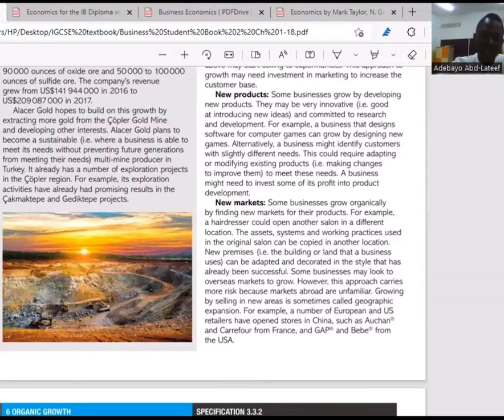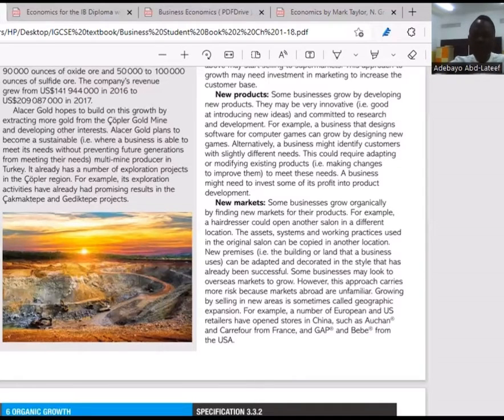The fifth one may be inappropriate. Organic growth may not be appropriate if the market is growing rapidly. If the business is growing gradually in a market that is growing rapidly, it becomes inappropriate, because the market is growing rapidly and you are moving slowly.